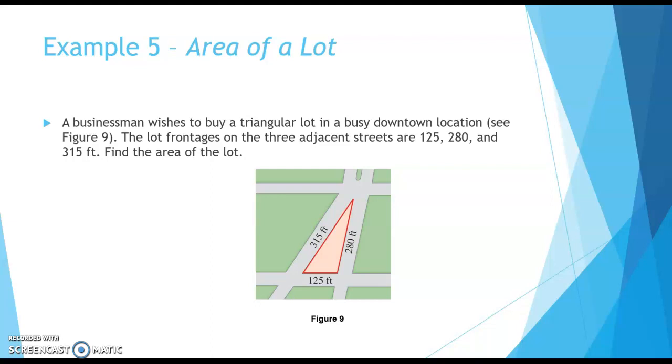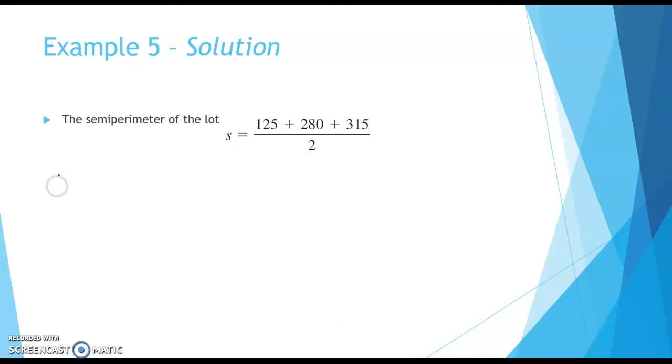If you remember Heron's formula, to find the area, the first thing we need to do is solve for s. Heron's formula tells us that if we want to find the area, we take the square root of s times s minus a times s minus b times s minus c.